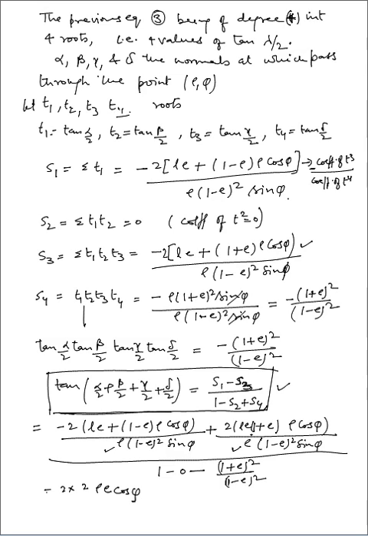So from here plus 2 E rho cos phi, and from here 2 rho E.